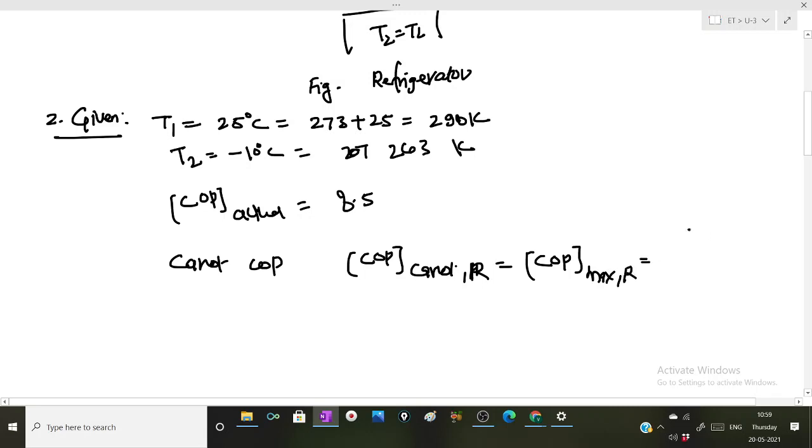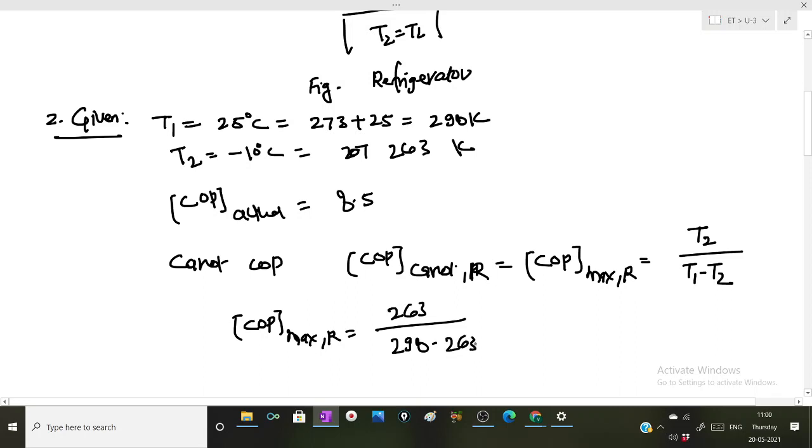This will be nothing but T2 over T1 minus T2. So T2 is 263 over 298 minus 263. So this comes out 7.51.